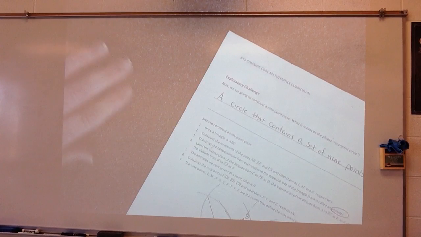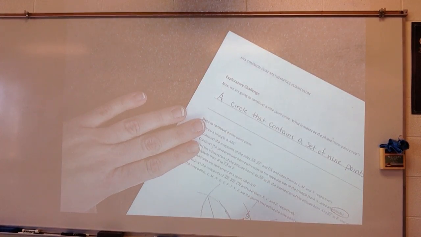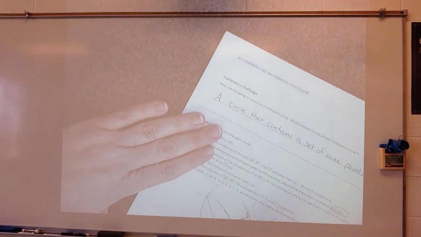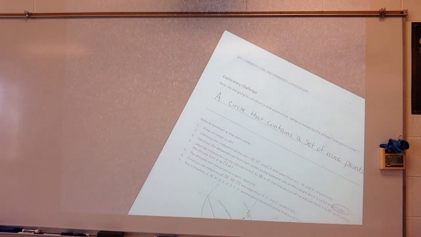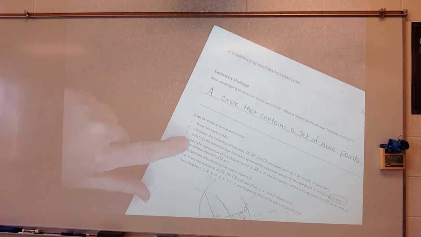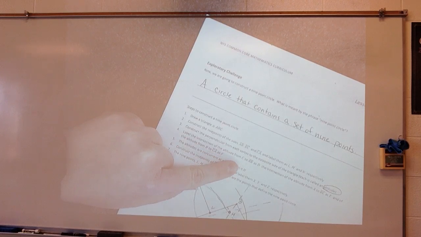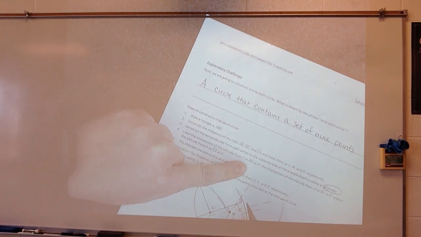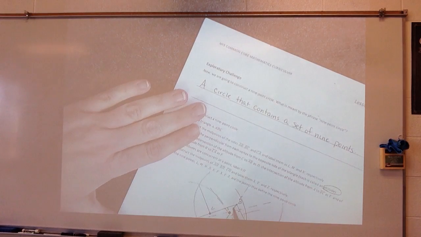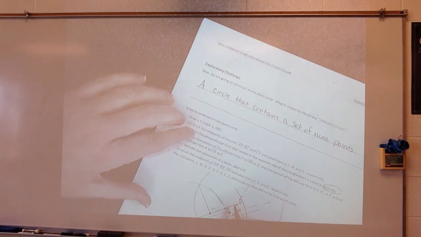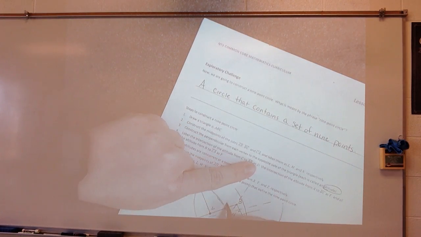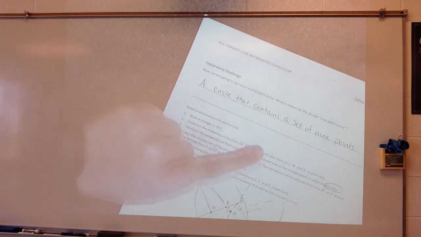The altitudes are concurrent at a point. We're going to label that H. So we'll label this point H. Alright. I've got a label here, so label the intersection of the altitude from C to AB. So we're going to label this point D. Alright.